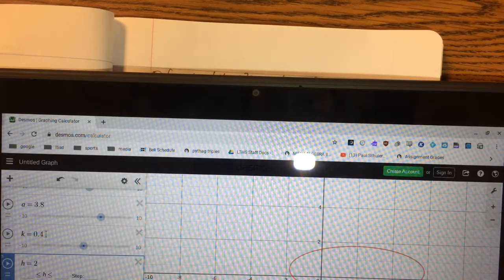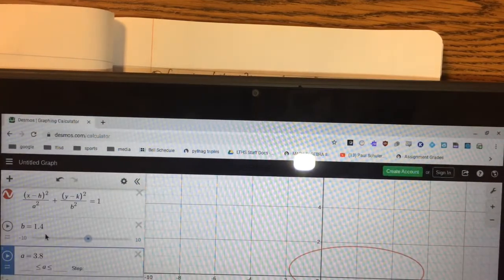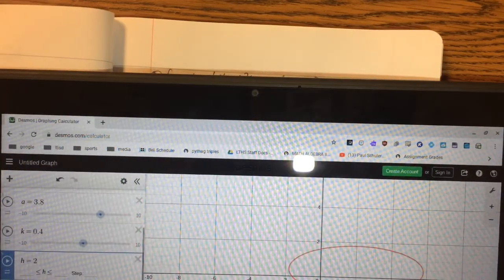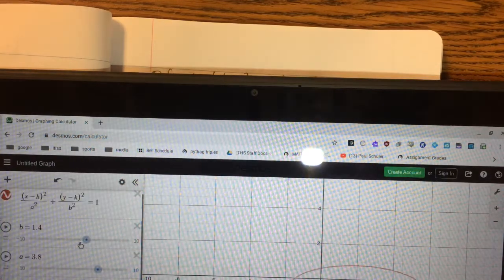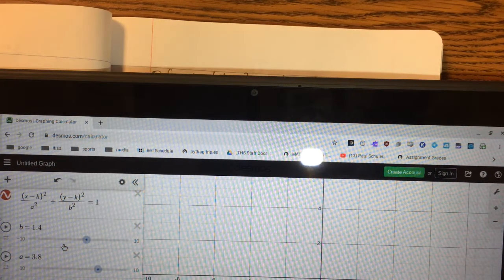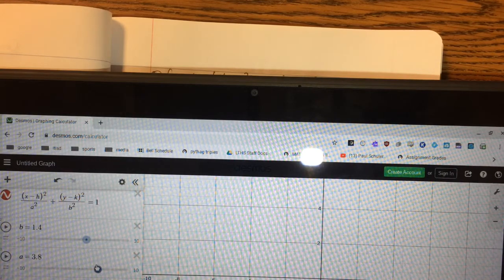Okay, the k. What was the k again? Negative 4? Yeah, negative 4 is going to be down here. Okay, my a value is 3, and my b value is 2.